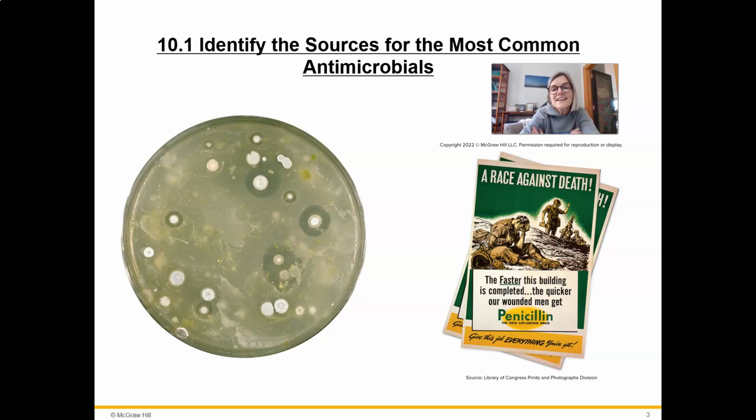So I said a key word in that last statement: soil. It turns out one of the most common sources for antimicrobials are soil microorganisms. Your book mentions bacteria in the genus Bacillus and Streptomyces. These are common antibiotic producers.